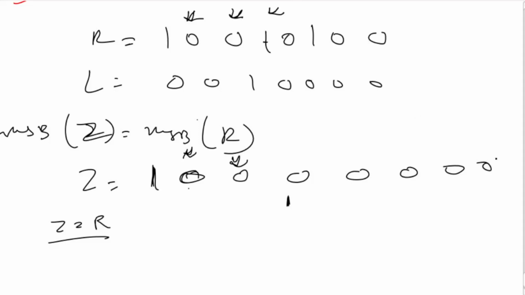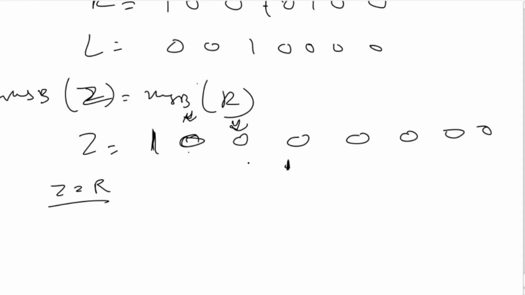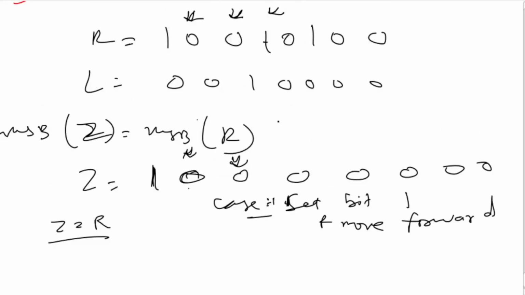So case 1 is to set the bit to 1 and move forward, because we have the option of setting more bits, so we will try to set them and increase our product.